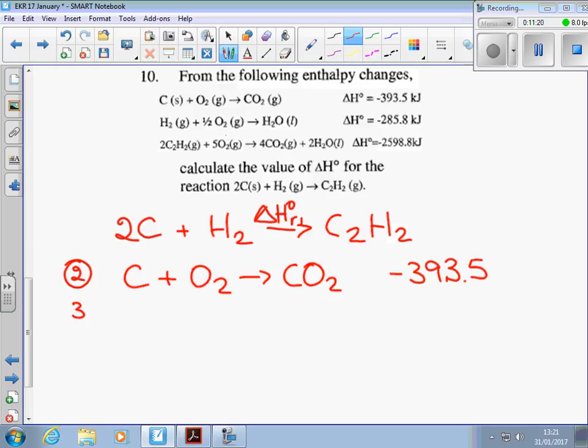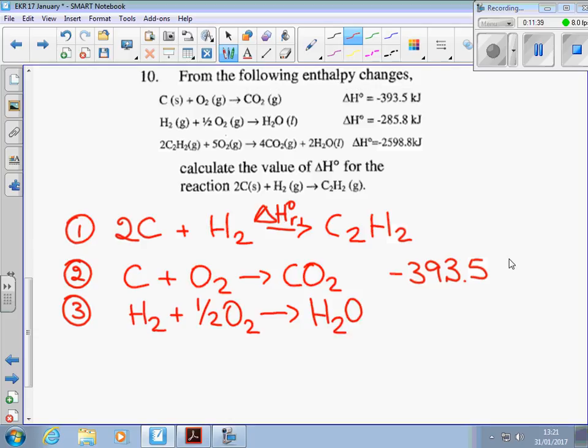I just want to keep it clean for the board. Equation 3 this time, I don't know if we call that 1, is going to be hydrogen plus half O2. All right, don't be scared of fractions in this one. Gives us water for a change of minus 285.8.